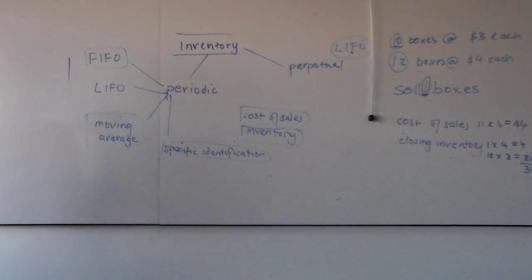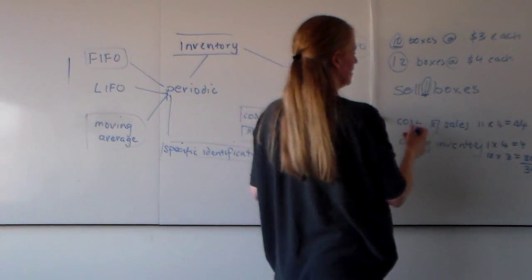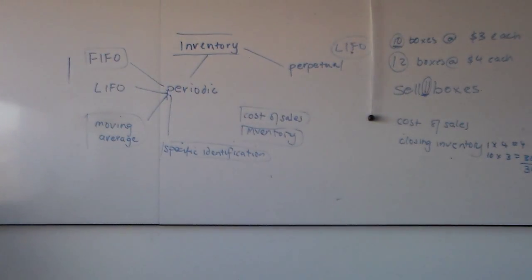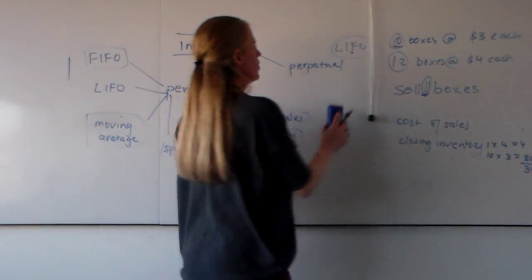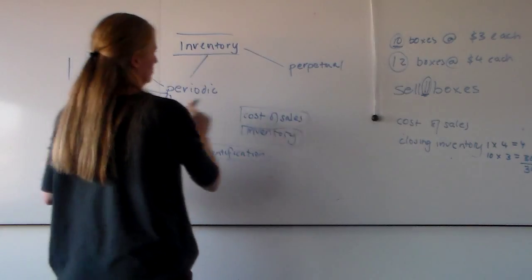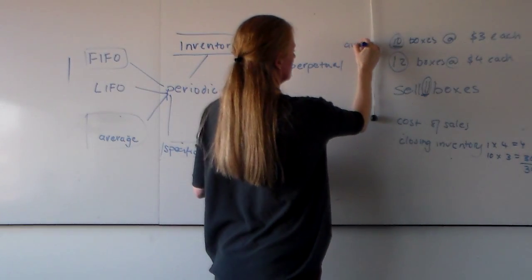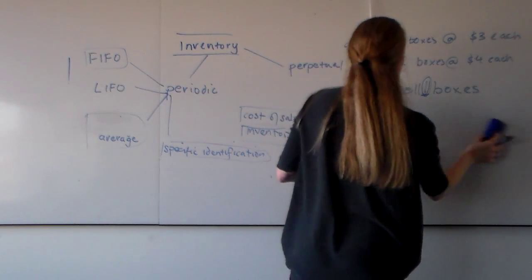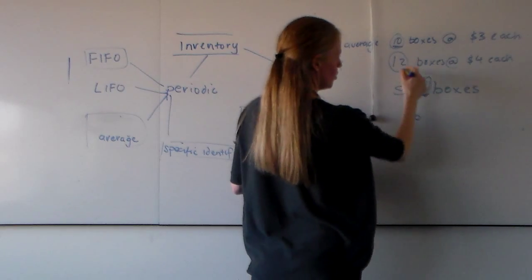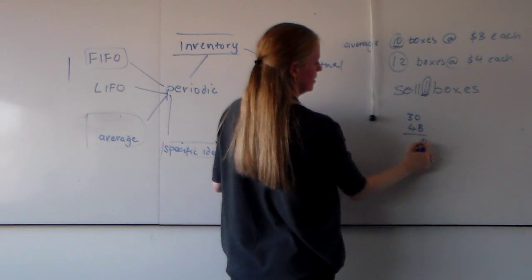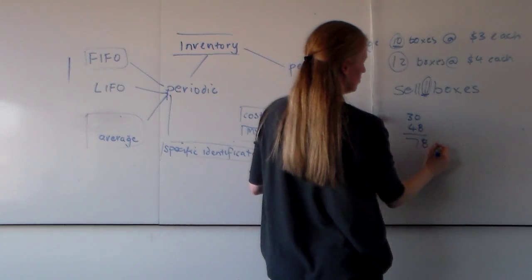If I'm using the average method and I sell 11 boxes, what do you think we're going to get for that? So I use the weighted average method. What I'm going to do is, okay, 10 boxes at $3, that's 30. 12 boxes at $4, that's 48. Total that up, 78. And how many do we have?